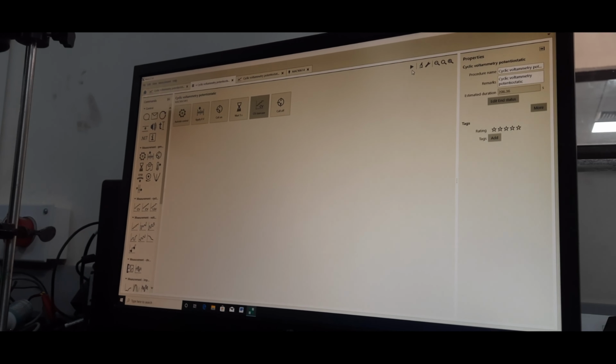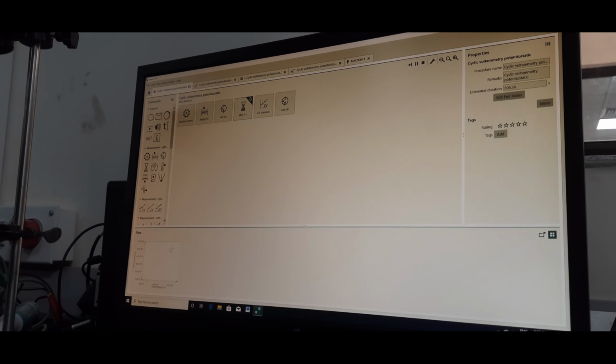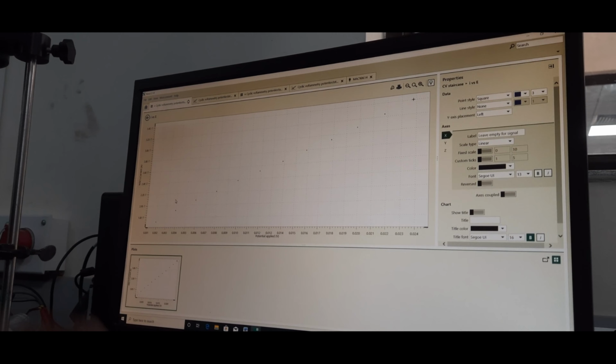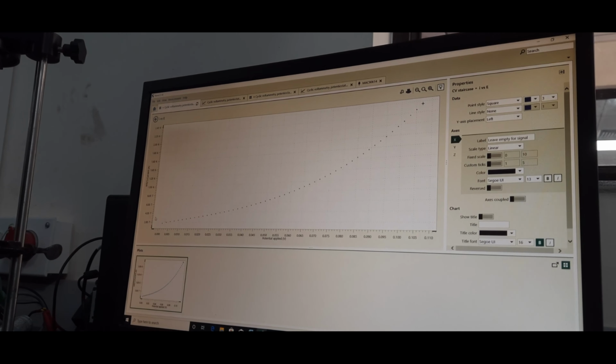Okay, so now I am going to start. So it is taking 5 seconds to make a stable system. So after that, this is the IV curve.